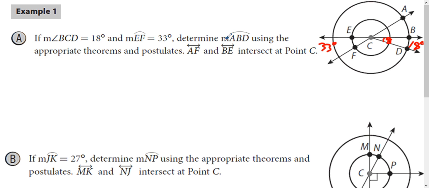We're trying to find the measure of arc ABD. To find the measure of arc ABD, we already know what BD is. We just need the first part of it, AB. We've got to tie in some prior knowledge here. These are vertical angles. So if the arc is 33, the angle is 33, which means the other angle is 33, which means the other arc is 33.